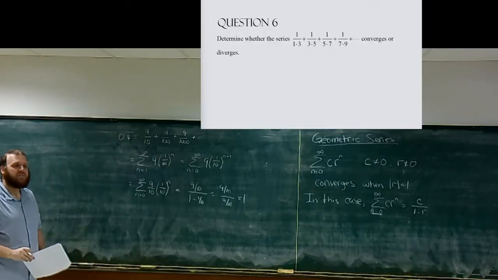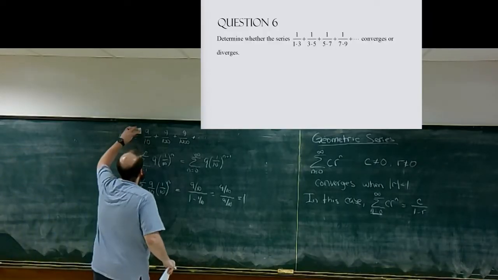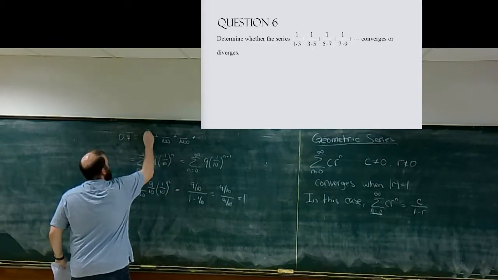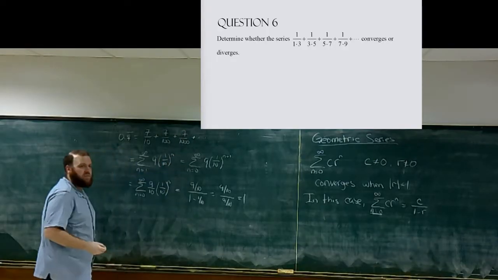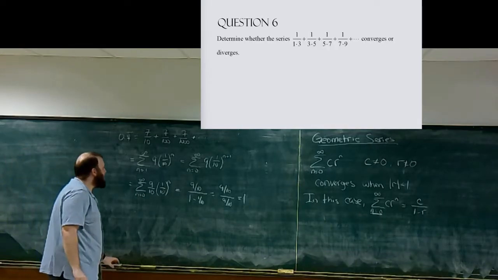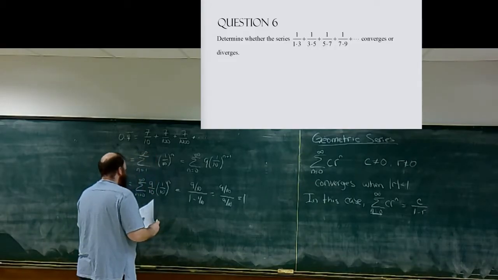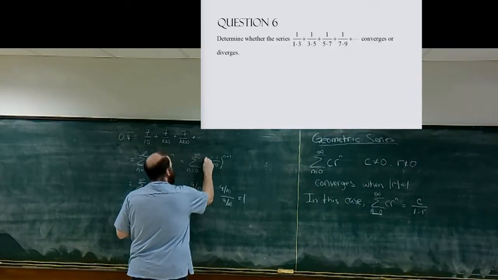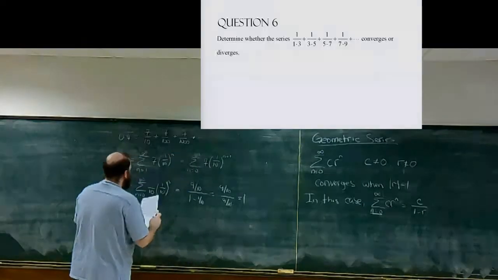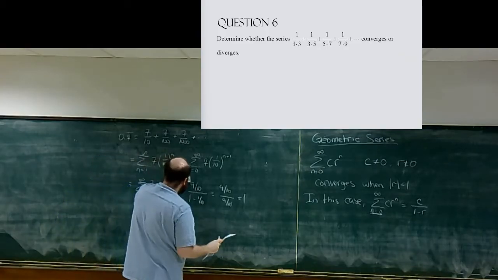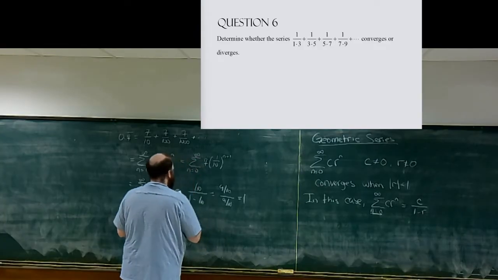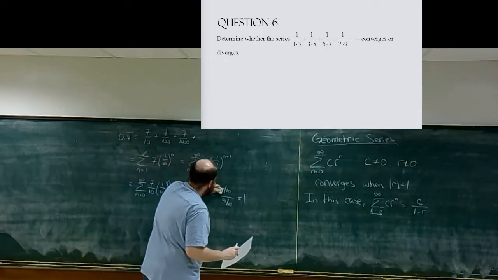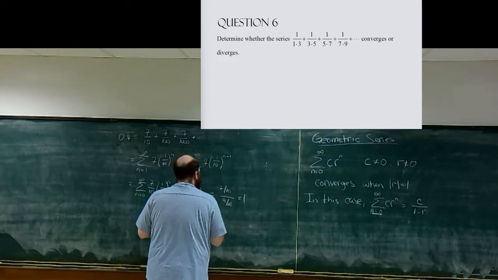So instead of 9, I'm going to use 7. So all become 7s, right? That 9 becomes a 7. That's 7. That's 7. That's 7. That's 7. This would become 7.